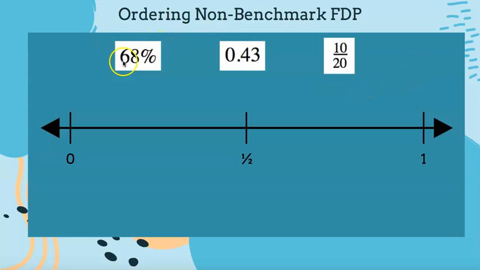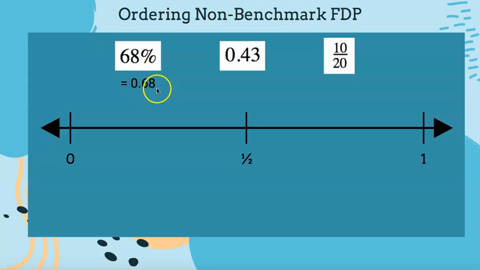So if we look at 68% first, if we want to order these, we need to think about what benchmarks they are close to, and we also need to think about their equivalent forms. 68% is 68/100ths, and the decimal form is 0.68.